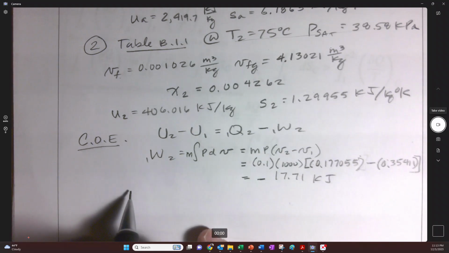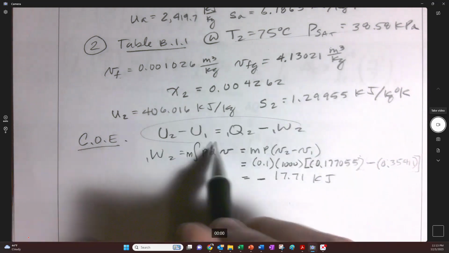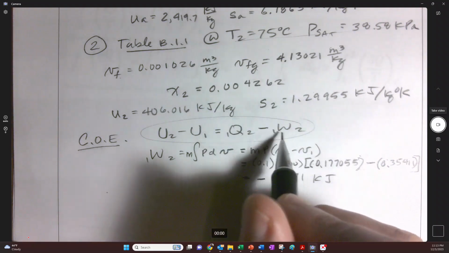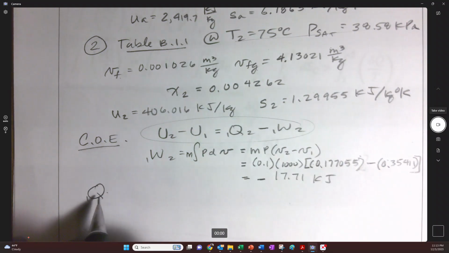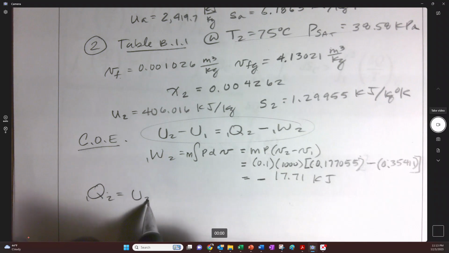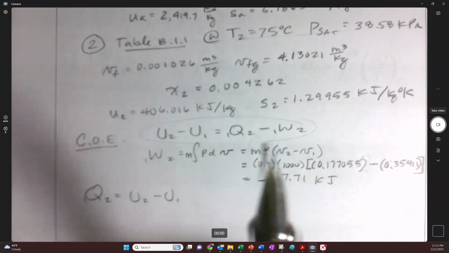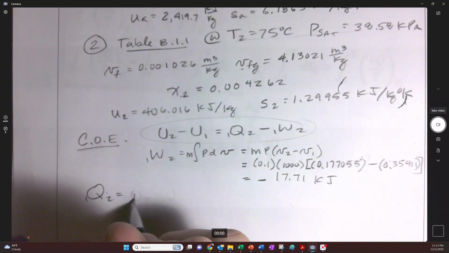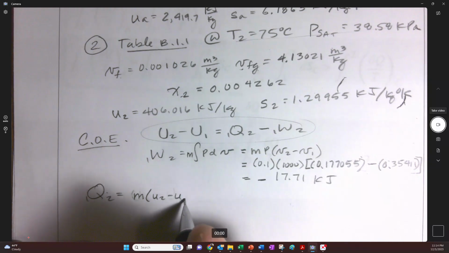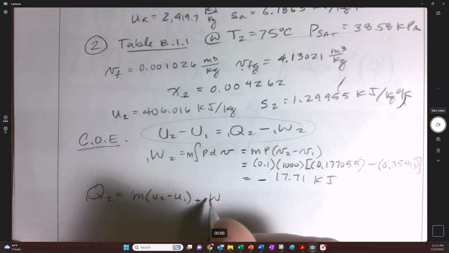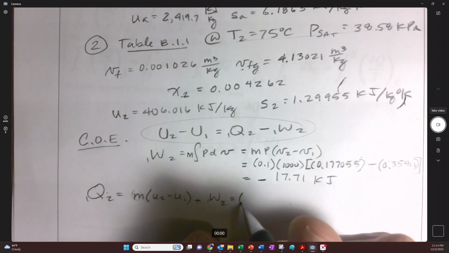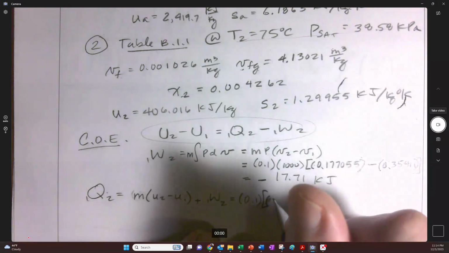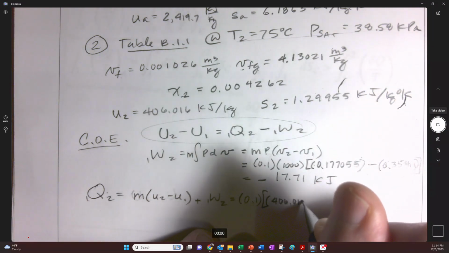And then if we go back up into here, I could rearrange this. Q1 to 2 is going to be equal to U2 minus U1. Actually, I should recognize that I already have those U's as lowercase u's. So I'll go M times (u2 minus u1), and then plus work 1 to 2. And so we go 0.1 kilogram, and u2 was 406.116.